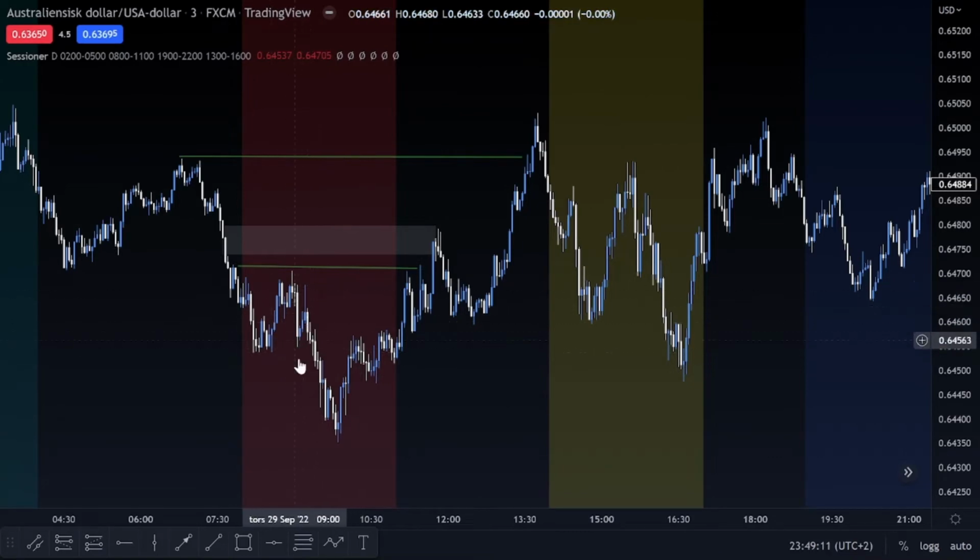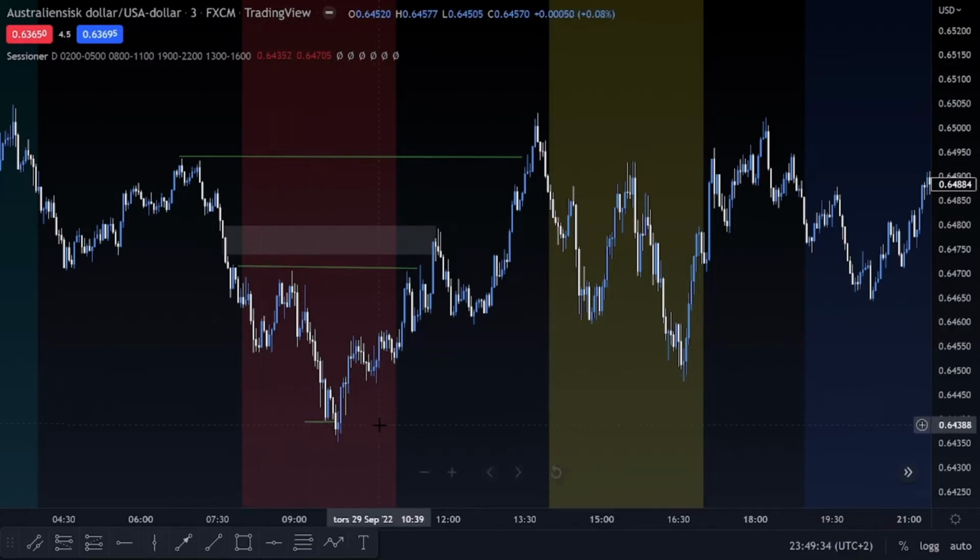So when we leave this area right here, in the middle stage of the London session, we have price creating a low and a low again. Also remember that in bearish markets, up-close candles should support price from going higher.